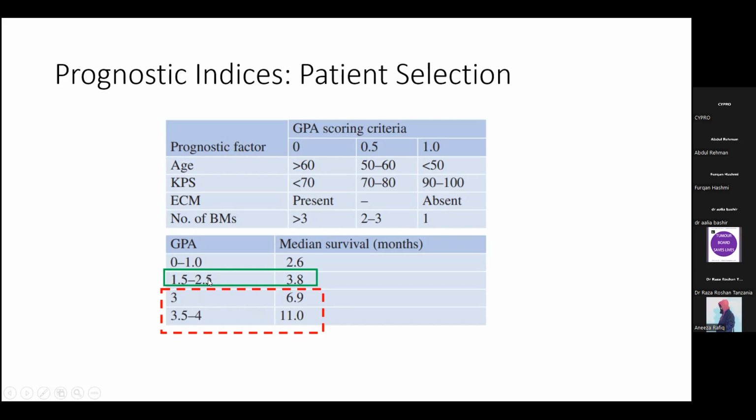In the score of 1.5 to 2.5, we selectively offer radiosurgery, but almost most of the patients ended up having radiosurgery. For any patient having a survival of less than 3 months, we never offered radiosurgery. We referred them for the whole brain radiation.